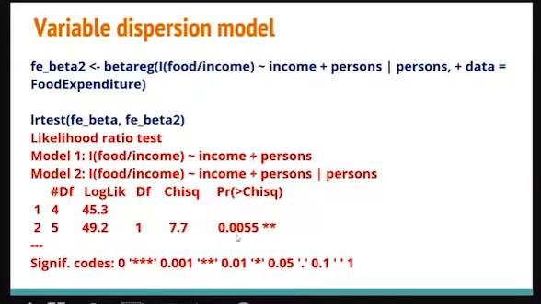What happened in the end? Take a look at the p-value. The p-value is 0.0055, which is less than the 0.05 level of significance. Because of that, I'm going to reject H naught. Rejecting H naught has already suggested to me there is nothing like equal expansion.